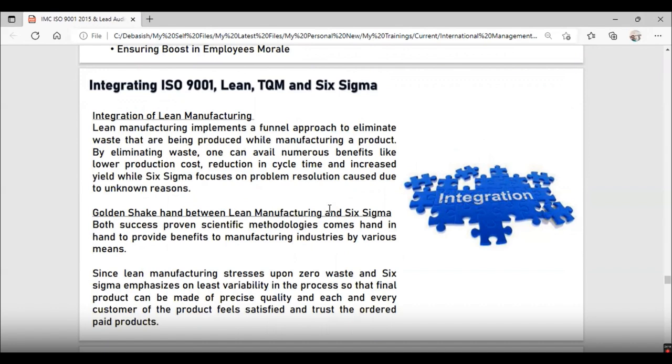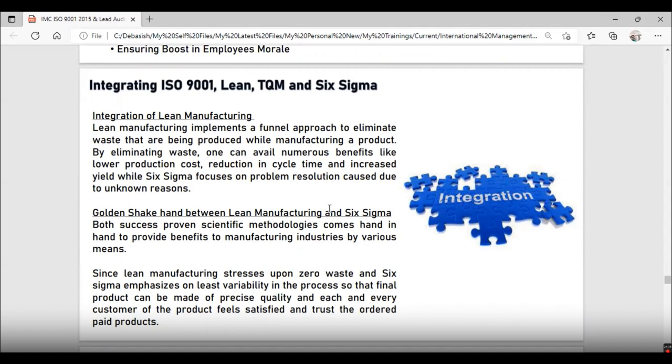By eliminating waste, one can avail numerous benefits like lower production cost, reduction in cycle time, and increased yield, while Six Sigma focuses on problem resolution for problems caused by unknown reasons.